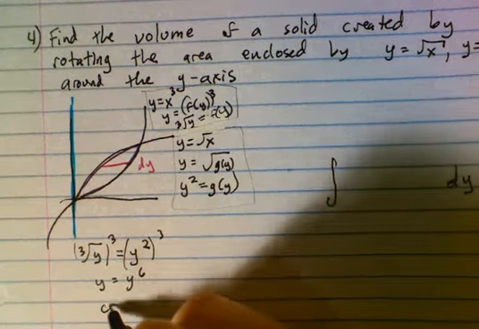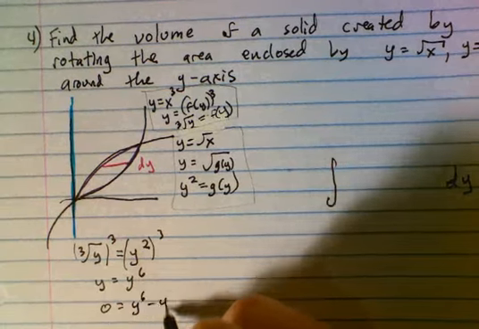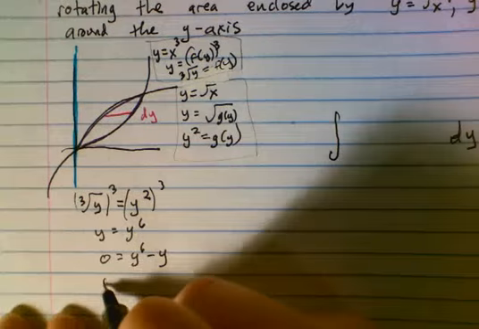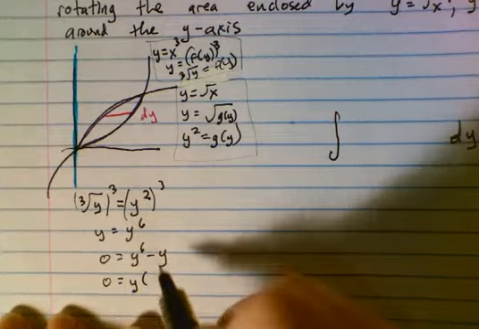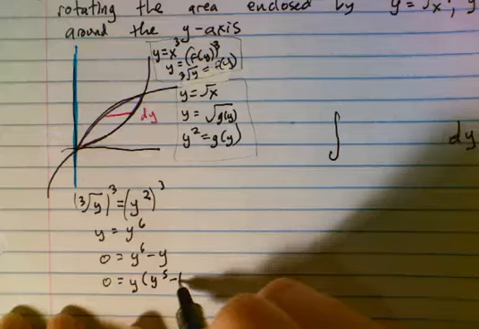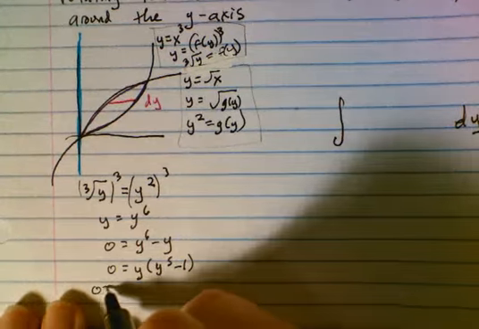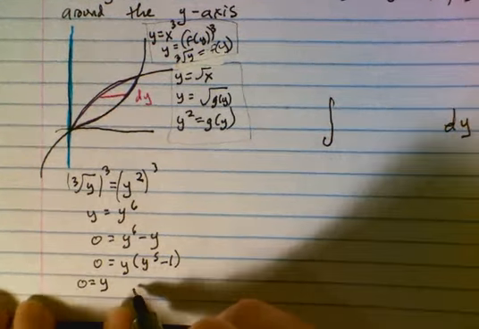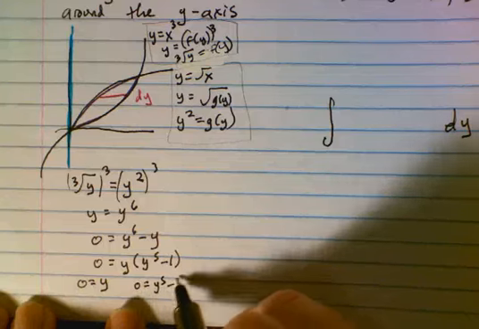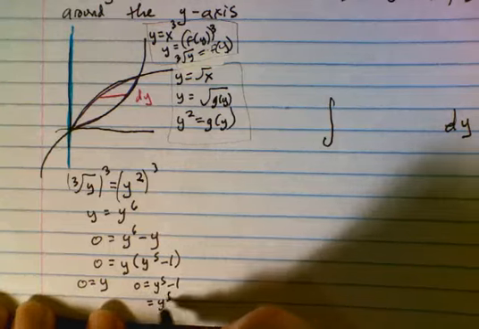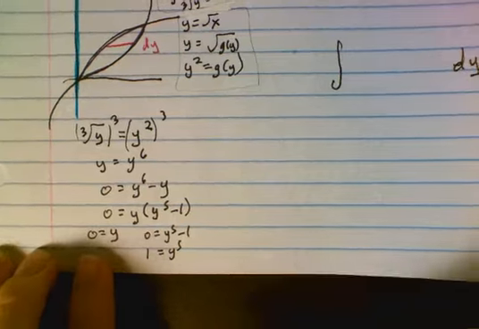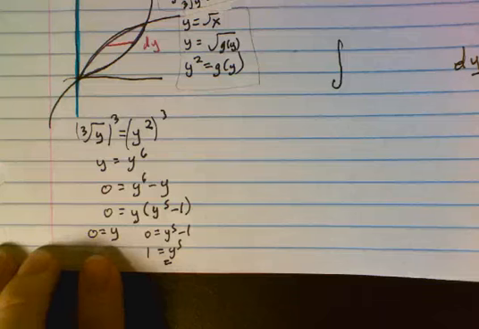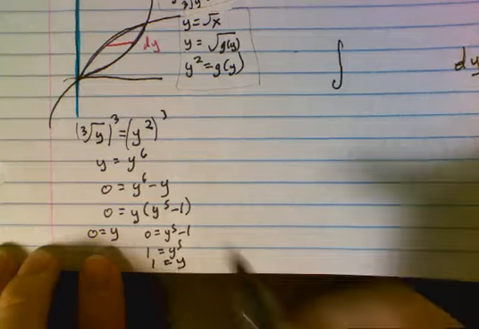Now let's just get that equal to 0, y to the sixth minus y. Now we can actually factor and solve that one just fine. Factor out a y, y to the 5th minus 1. So 0 equals y, and 0 equals y to the 5th minus 1. Add 1 to both sides. 5th root of 1 is just y equals 1.